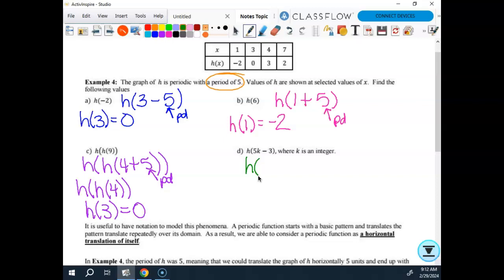So 5 times k, k could be any integer, right? It can be 1, 2, so it could be 5 or 10 or 15 or negative 5 or whatever. So does this really affect the answer? No. So it's really just h of negative 3. Right? Now, that one I need to rewrite. So let me give you a second to think about how you would do that one.